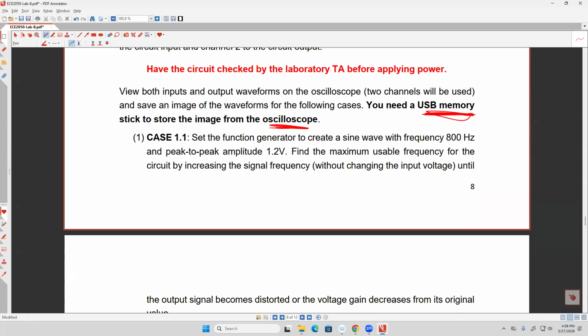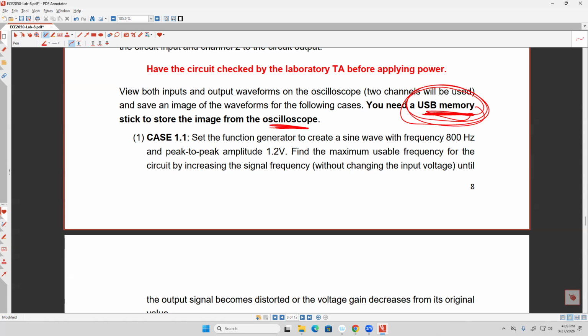So you can take a picture using your smartphone, or if you have a USB you can download a picture from the oscilloscope. However, make sure it works, because you may put in the USB and ask the oscilloscope to save a picture and it doesn't work. Just make sure, or you can do both just in case, and check whether it is stored or not.